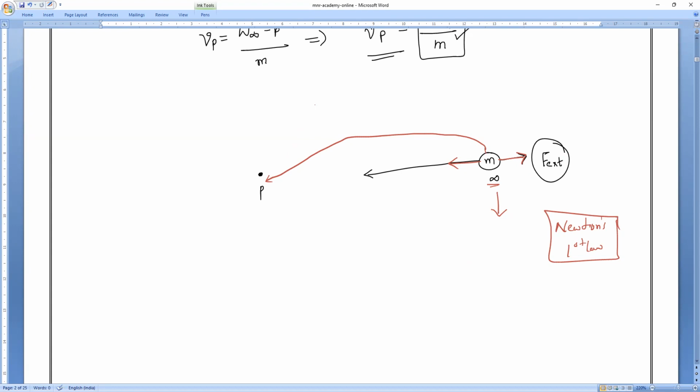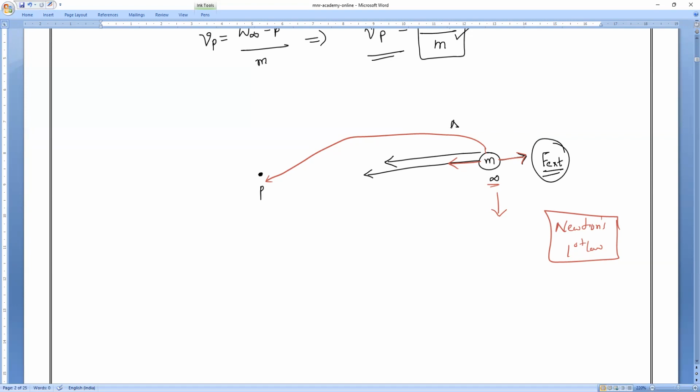According to Newton's first law, unless a body is compelled by an external force, a body which is at rest remains at rest, and a body which is in motion remains in motion. So the force which is attracting this mass m to the point P acts between them, and definitely there is always an opposite force, that is F external. Why F external?